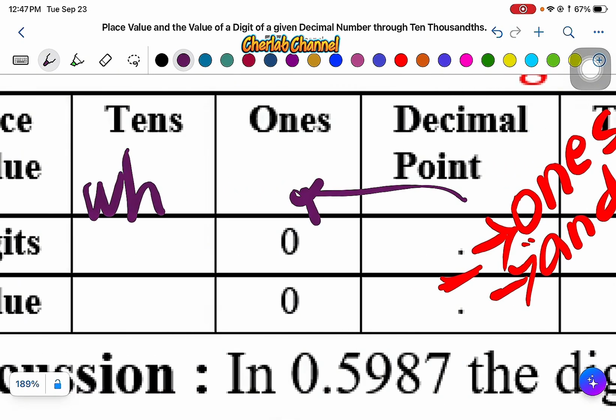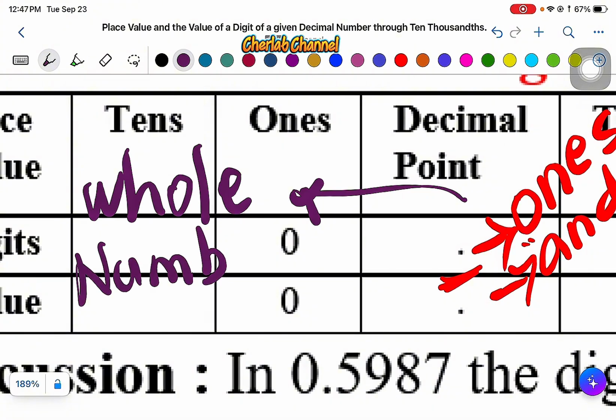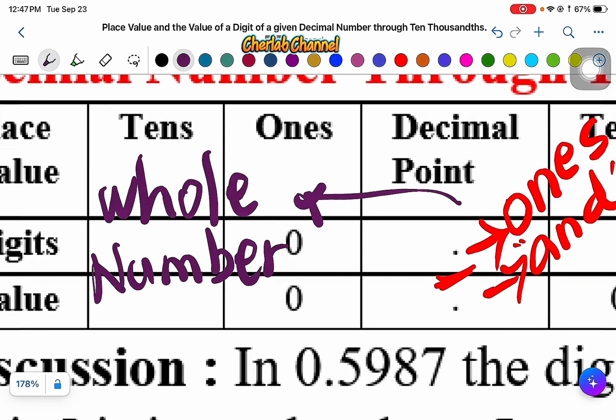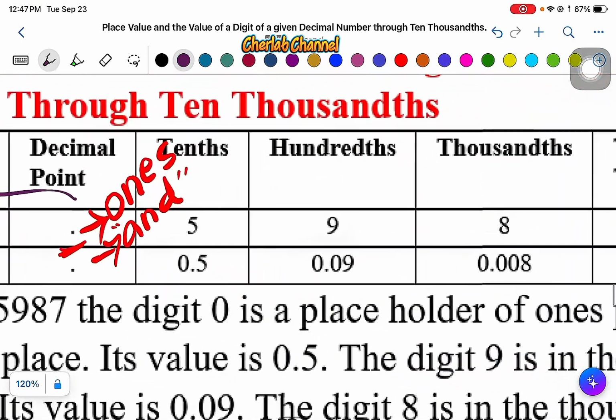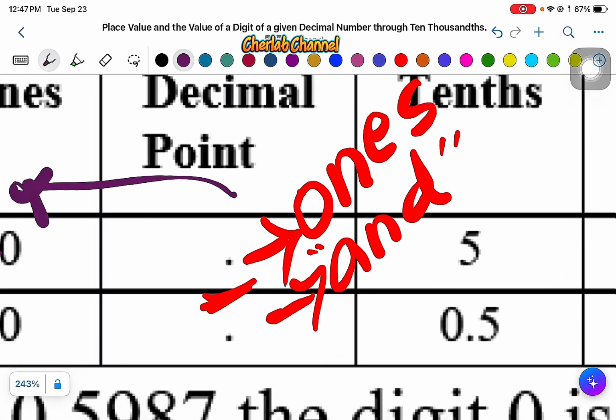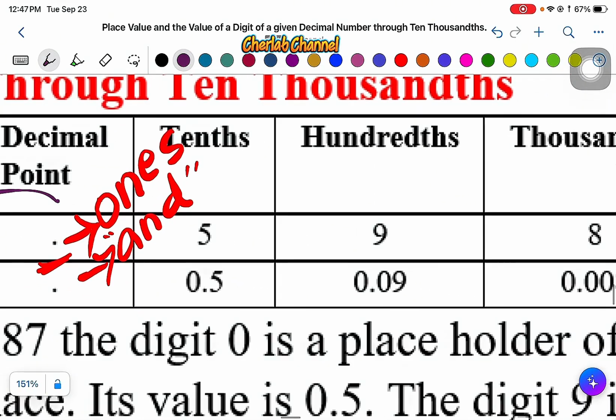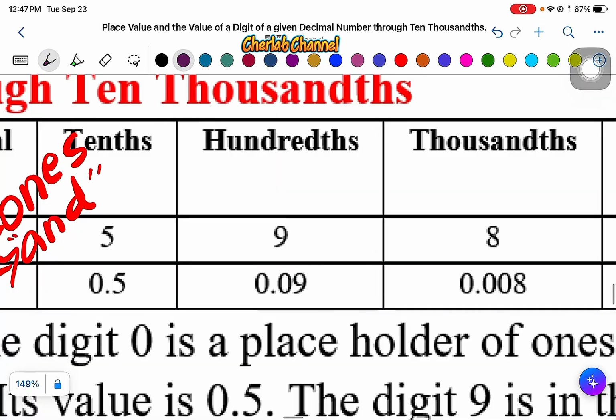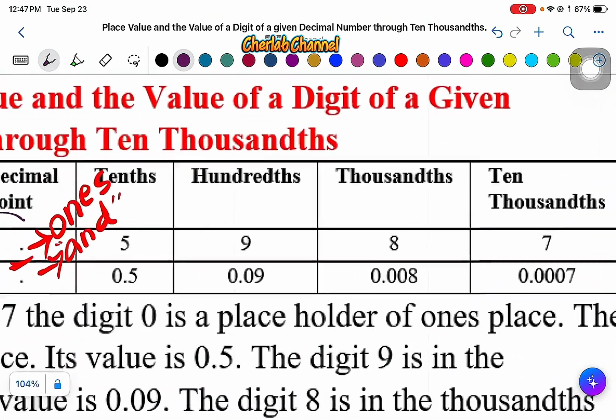And if we have the whole number 0, we don't have to read it as 0 na. Meaning, i-deadman na natin siya. So, we will start here. Shall we read the decimal point? No. Since it holds the ones place, we don't necessarily need to read the decimal point. So, we will focus here.